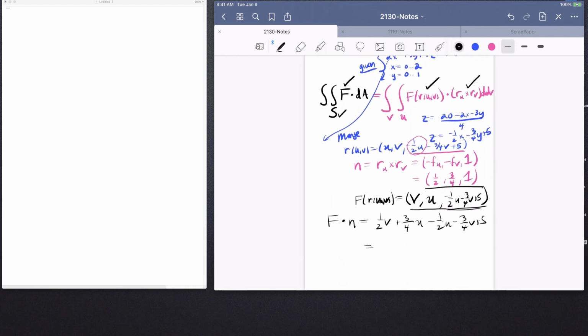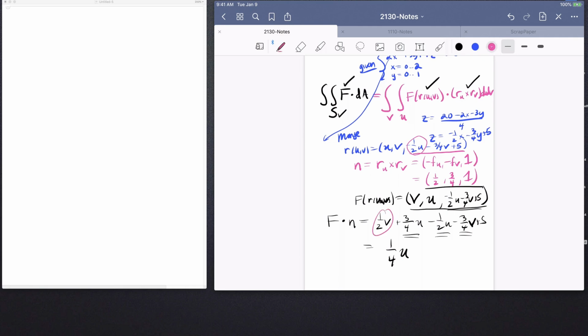So here we can see that we have a 3/4 u and a minus 3/4 u. Oh, that's a v, sorry, problem with using v's. So let me see, here are my u's: 3/4 u and minus 1/2 u, so it makes 1/4 u.